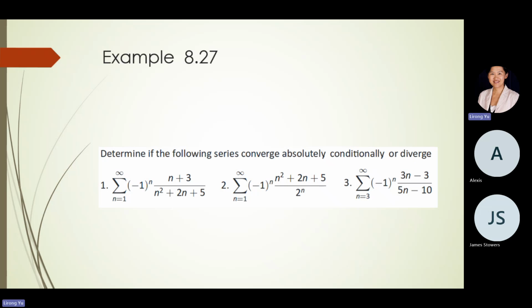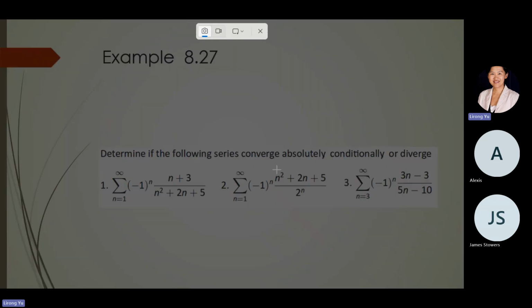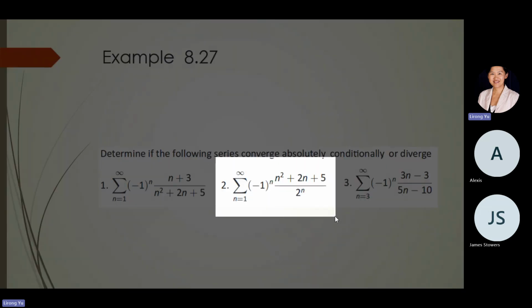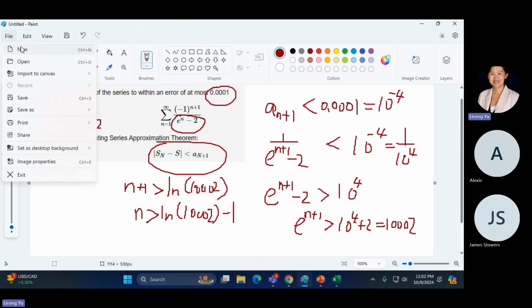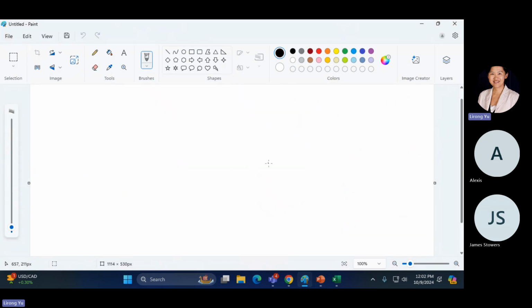Do you mean that without the negative sign, it would diverge? Is n squared over 2 to the n divergent? Not sure. Let's try and see how it is without the negative sign.